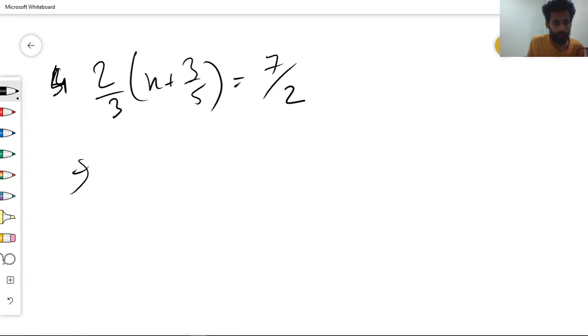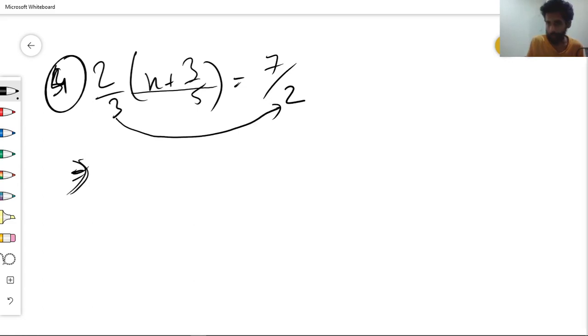So in this type of question, what we will do is the same thing. We will find the LCM of these two numbers. This is a bracket, this is a whole number.